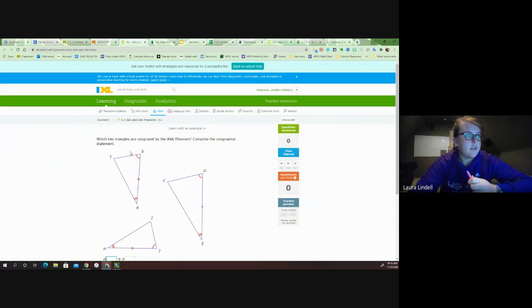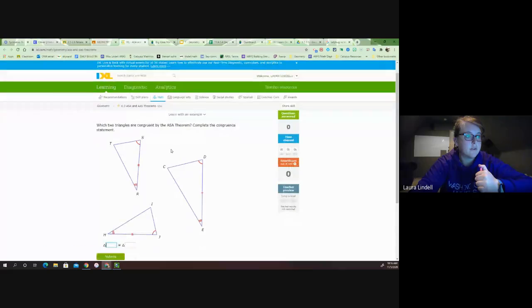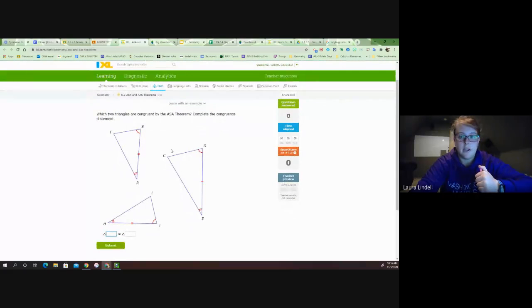Okay. So it says, which two triangles are congruent by the ASA theorem? Complete the congruence statement. Okay, so looking at all of these triangles, we notice that these two are about the same size and that this one's a little bit bigger, so it's probably not going to involve this one. But also, this one has one line in the side, and these two both have two. So we're going to do these two. So you can start the first one with any arrangement of the letters that you like.